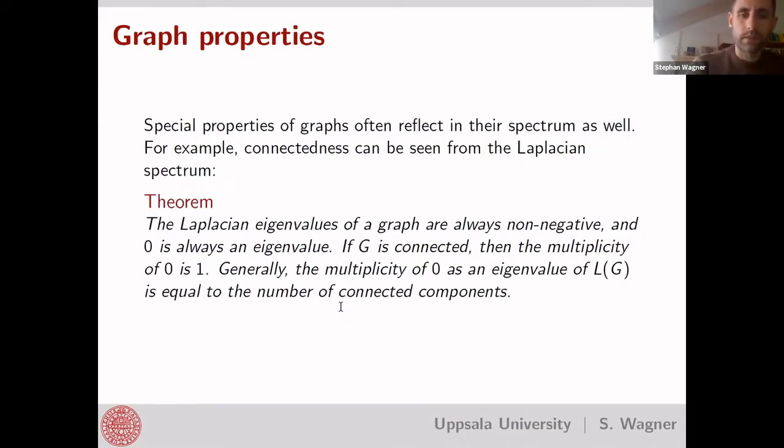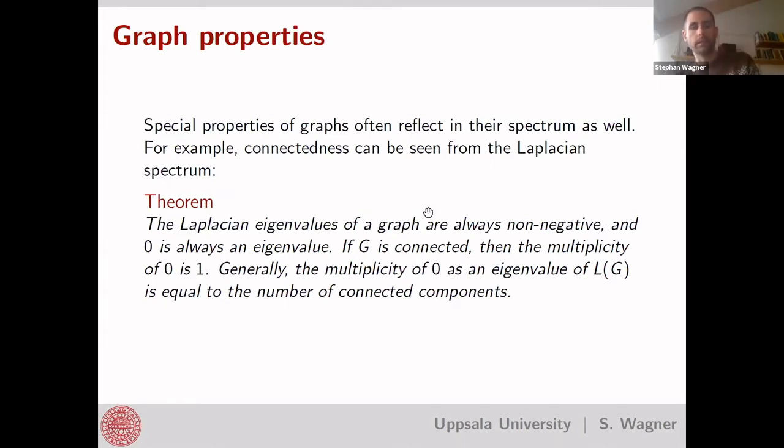Speaking of properties, special properties of a graph can often be seen in the spectrum as well. The spectrum is something that's purely algebraic, but somehow magically, looking at the spectrum, you can often infer information about the graph without looking at it. So if I just tell you the spectrum, or more specifically the Laplacian spectrum, you will be able to say whether or not the graph is connected.